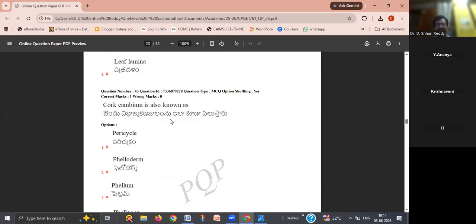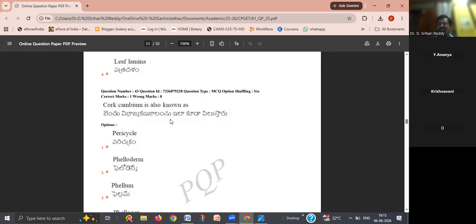So secondary meristem is formed during the secondary growth, in the dicot stem. Cork cambium is responsible for the formation of the cork. Another name for cork cambium is phellogen, and cork is also called phellem.